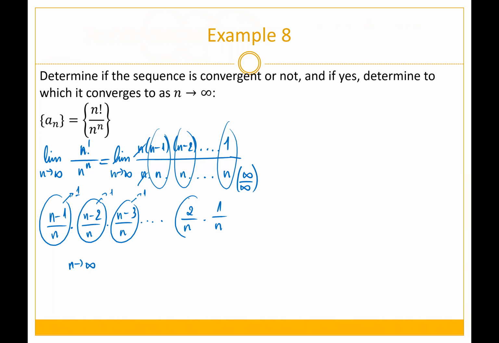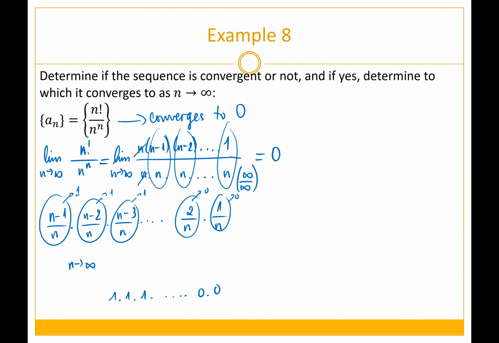But these approach 0, and these approach 0. Why? Because 2 over infinity is 0 and 1 over infinity is 0. Now you have a lot of 1s multiplied by a few 0s. So you have 1 times 1 times 1 times 0 times 0, and it's just going to be 0. So the conclusion is that the sequence converges to 0.